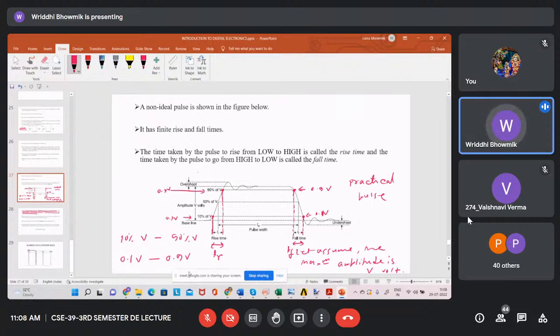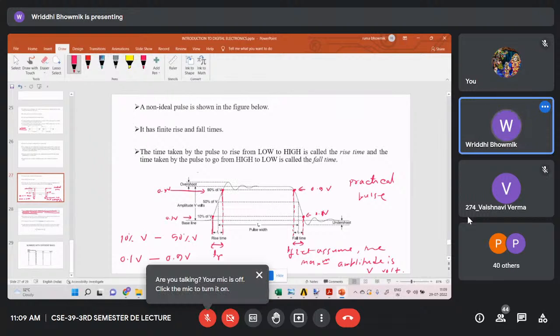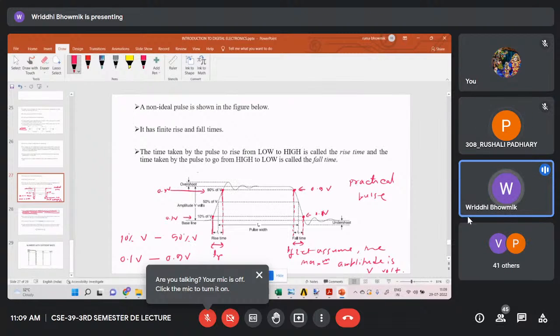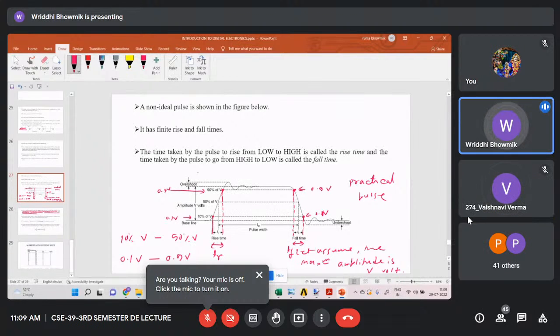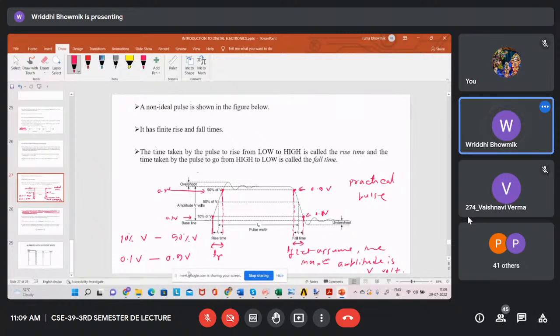So you see, the pulse needs a certain finite time to rise from 10% of the maximum amplitude to 90% of its maximum amplitude. The 10% of the amplitude is 0.1 V in this case, and 90% of the maximum amplitude is 0.9 V. Same thing, the pulse takes time to go down from 0.9 V to 0.1 V. That is the fall time.